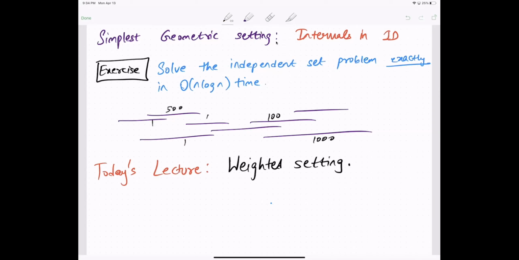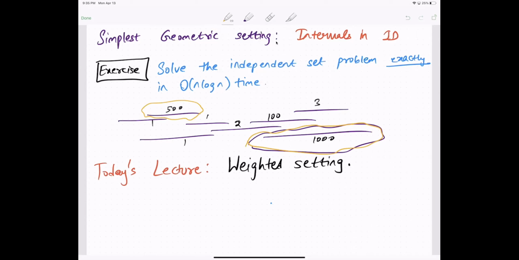And now what's the goal? The goal is, again, to collect a subset of these intervals which are disjoint, but this time the sum of their weights has to be maximized. In this case, the answer would be to pick this interval followed by this interval, these two. I don't think we can add anything more to this.